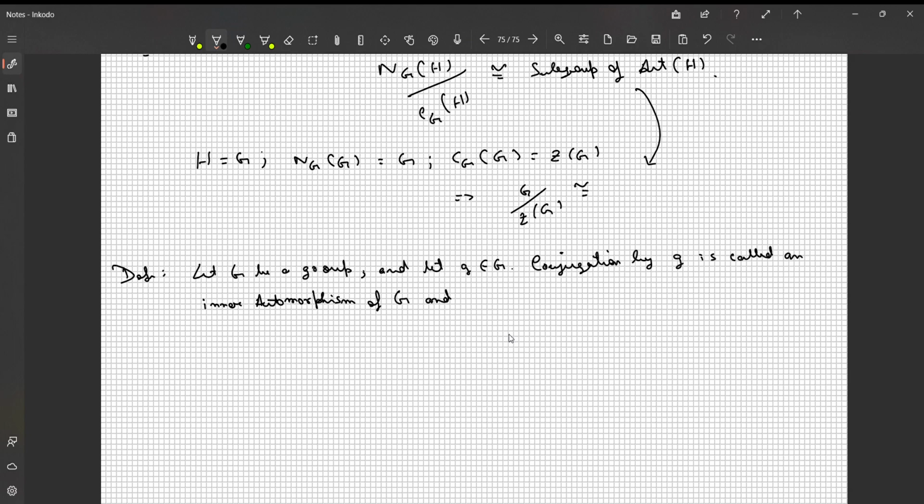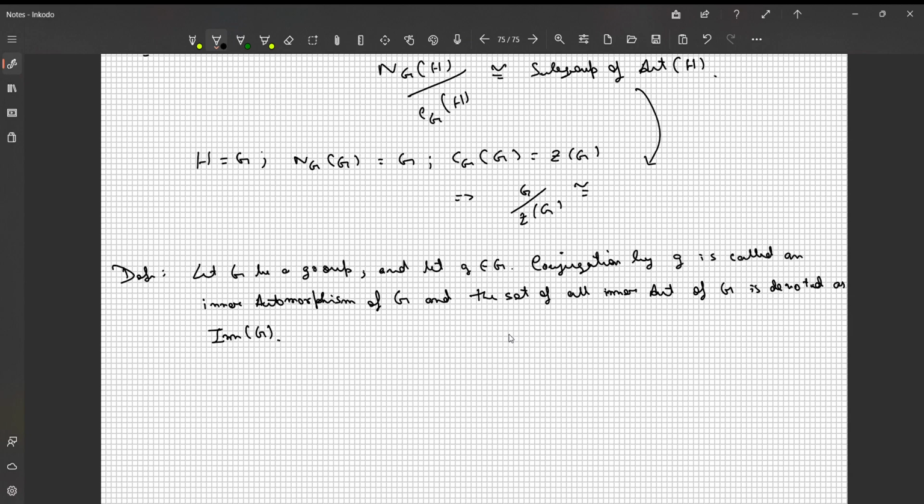And the set of all inner automorphisms of G is denoted as Inn(G). Clear?